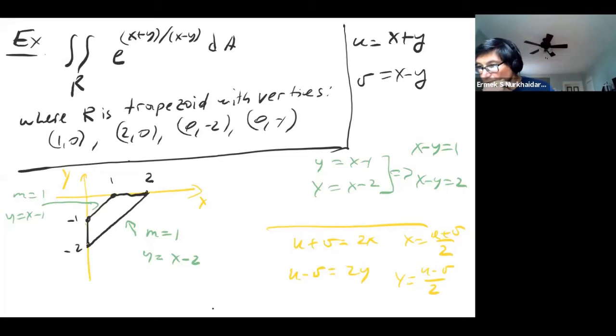Okay, so let's plot these boundaries. Our original boundary is x equals 0. That means x equals u plus v over 2, so u plus v over 2 equals 0, which means u plus v equals 0, so u equals negative v. That boundary is u equals negative v.